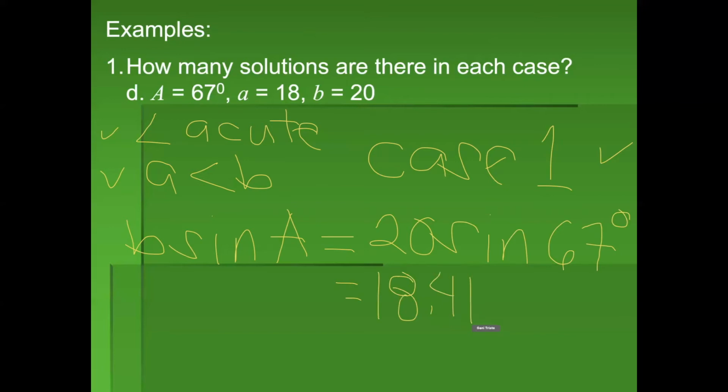Comparing B sine A and A, A is 18 and B sine A is 18.41. Therefore, we can say that A is less than B sine A.